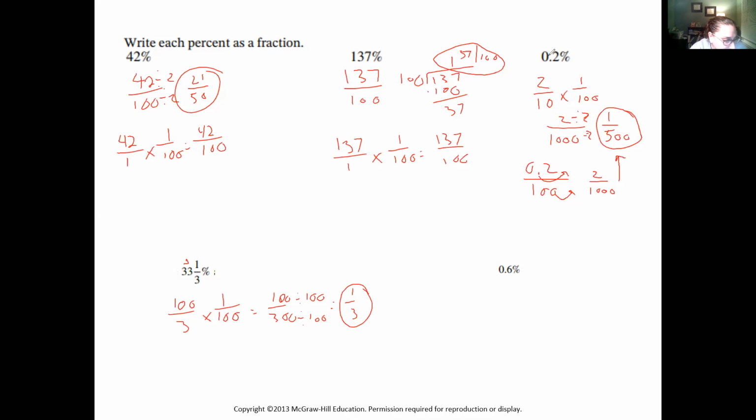And 0.6%, we would get 6 over 10 times 1 over 100, 6 over 1,000, which reduces to 3/500.